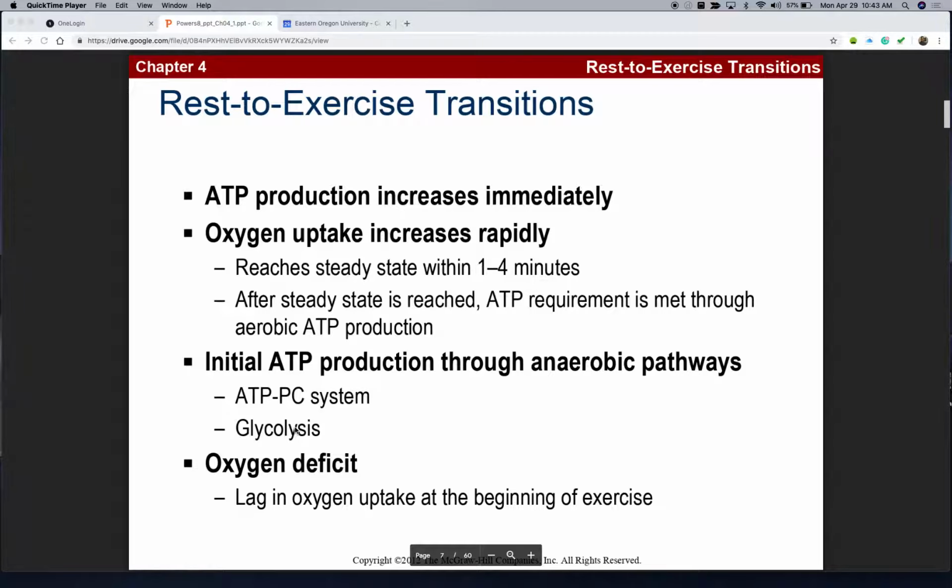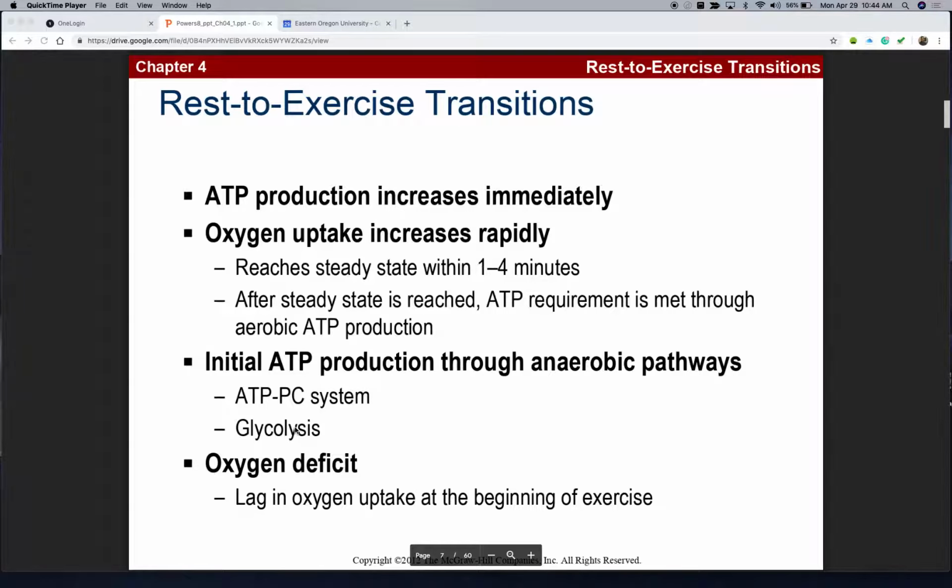It's just that his aerobic system isn't all that great. But these two systems are amazing in him. So when he takes off on 100 meters, he gets a big bump from the anaerobic system. But he's producing that power in the absence of oxygen, which means he's incurring an oxygen deficit.